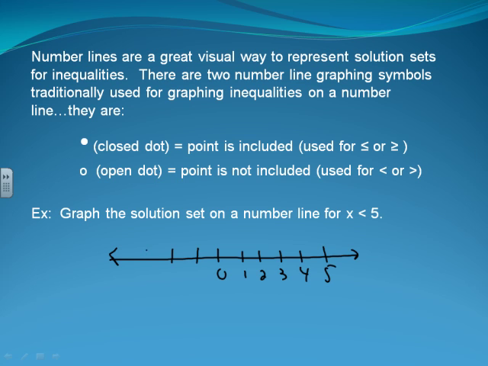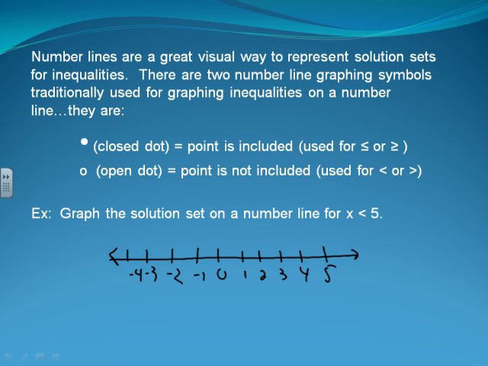I'm going to go ahead and just label several ticks for this first example. Now, you would agree with me that in terms of values that would make that inequality true, 4 would work, 3 would work, 2 would work, 1 would work, 4.9 repeating would work. Okay?